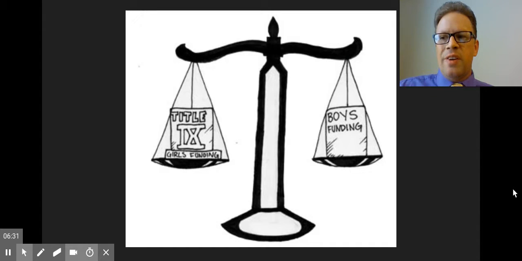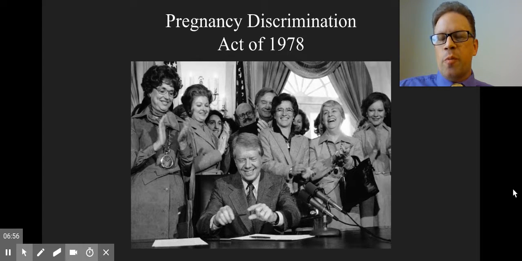So what this law did, by requiring equal funding, was lead to a dramatic increase in the number of females participating in high school and college sports. So basically now if there's a male sport, there generally has to be a female sport offered during that same season so that you can have equal opportunities.